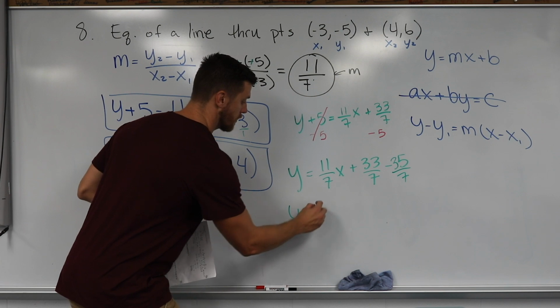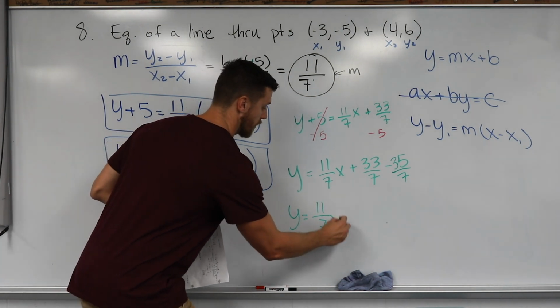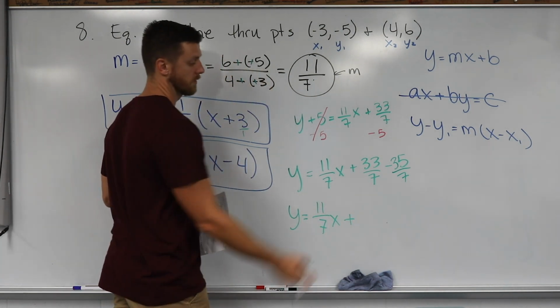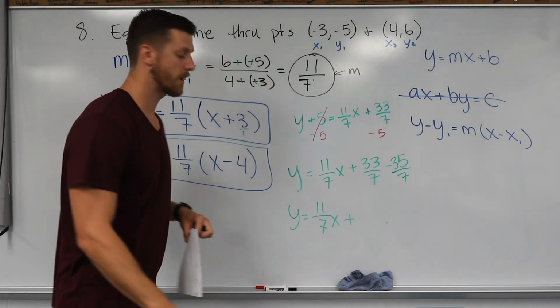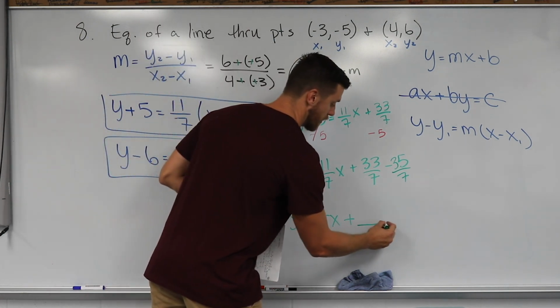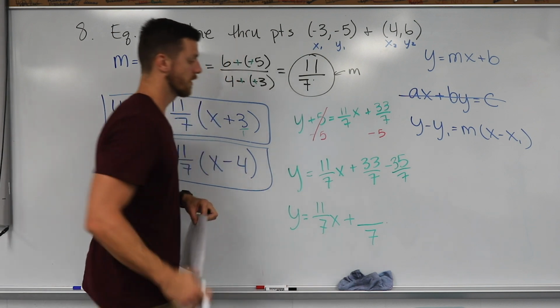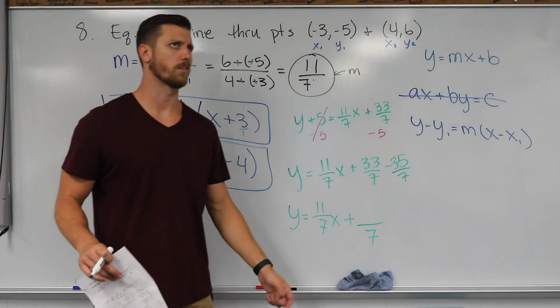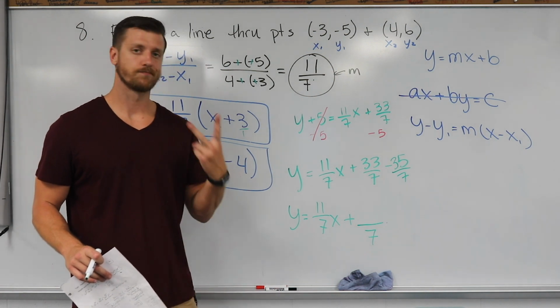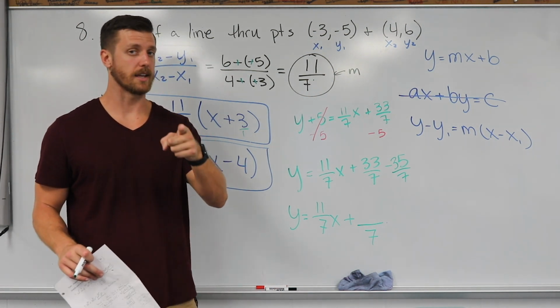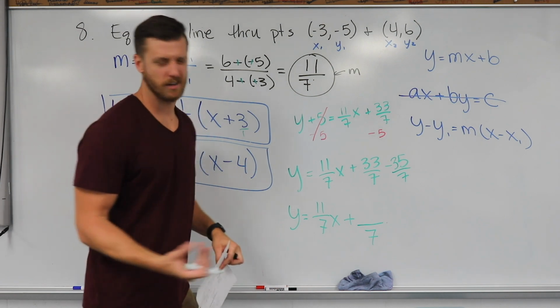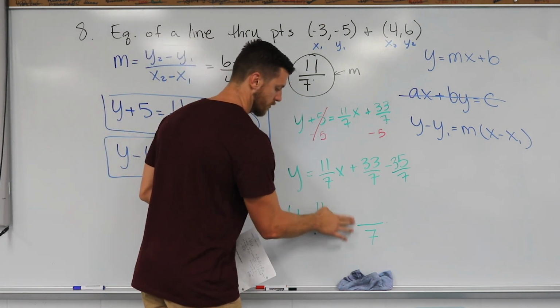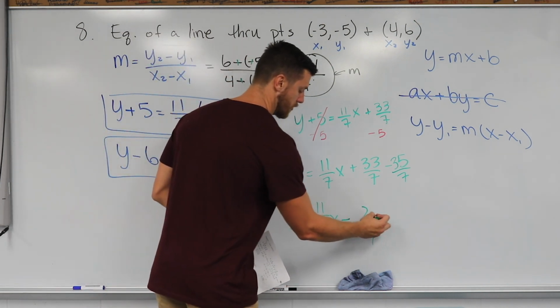Y is equal to 11 sevenths x plus, add these together, they have a common denominator now, they're both going to have a denominator of 7. You're going to get 33 minus 35. Well, what is that? 2? More specifically, a negative 2? So we don't add negative 2's. We subtract positive 2 sevenths.